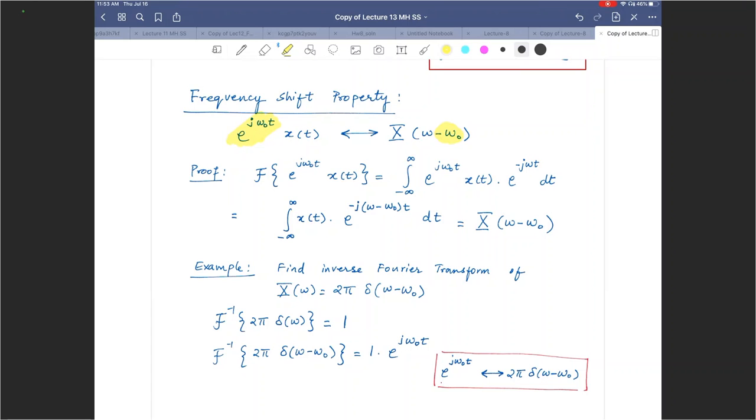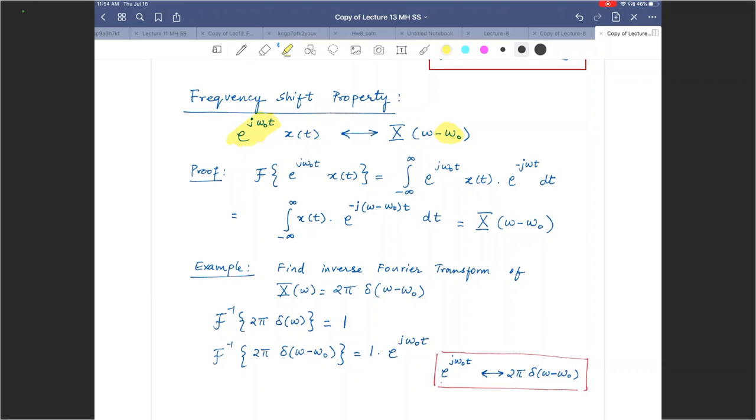I hope you see that there is a duality relationship that is at play here. Whatever you do in one domain almost has a similar effect in the other domain. So when we meet again later, next week, you will see a new property which is called the duality property. Duality exists between time and frequency.